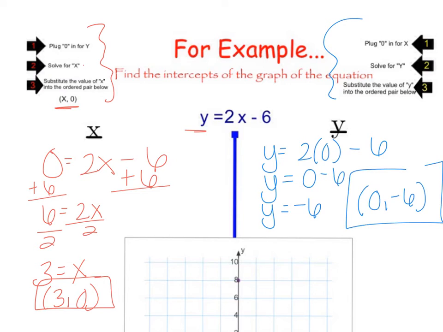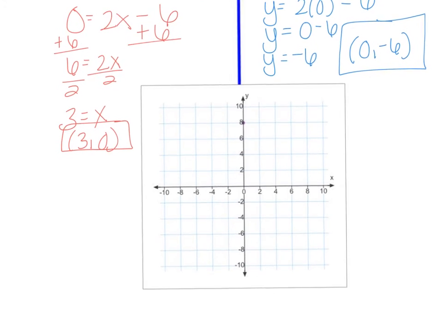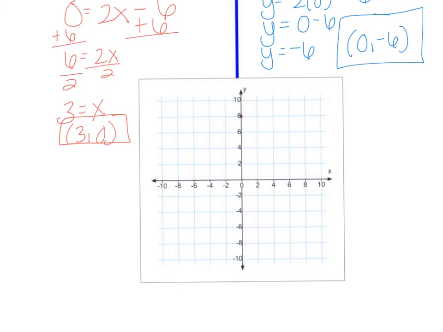Now that we have our x-intercept and our y-intercept, we can graph this line simply by plotting the two intercepts and connecting them. So using our graph, let's go ahead and do that. Our x-intercept is at (3, 0), and our y-intercept is at (0, negative 6).